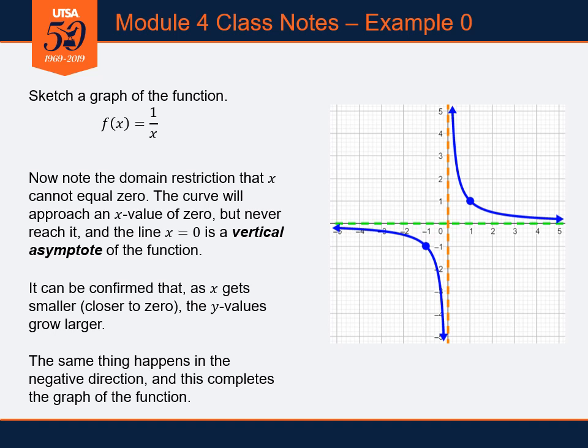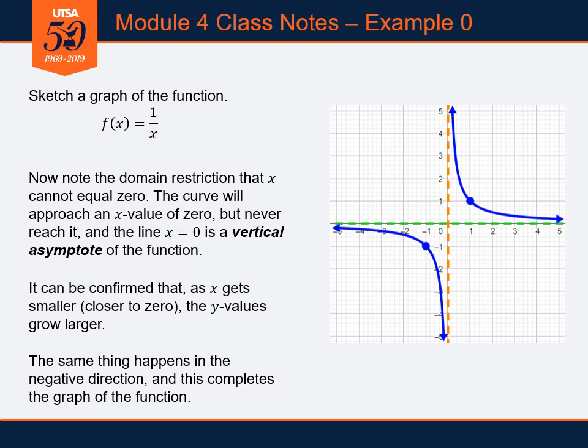So a lot of the work that we do in sketching graphs of rational functions and a lot of the characteristics that we talk about center around where the asymptotes are. Where are some points on the function? Where are the asymptotes of the function? And we sketch the graph around and approaching through those points and approaching those asymptotes. And we'll see that as we go through the examples in this module.